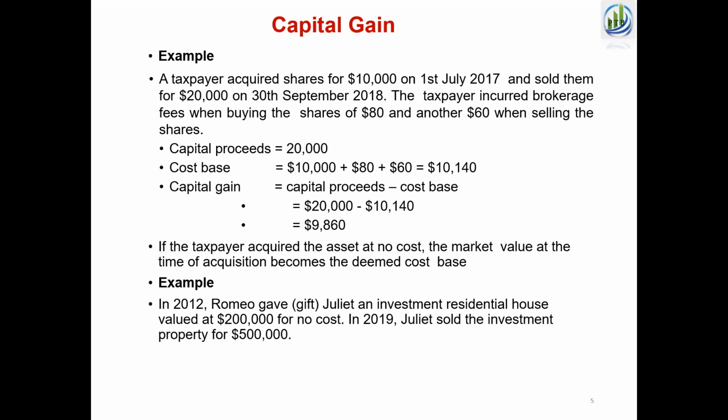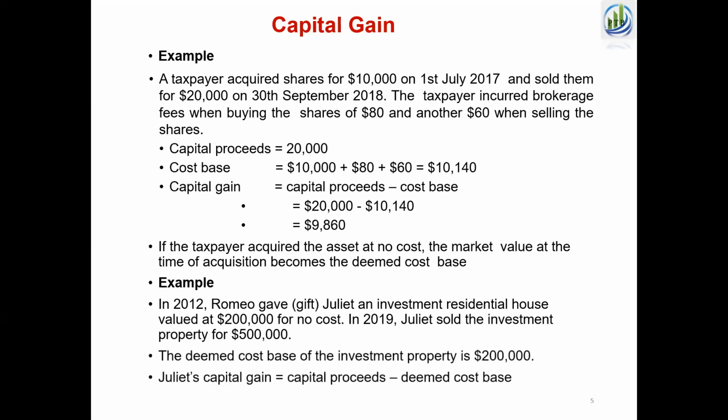So Juliet's capital gain will be 500,000 capital proceeds less 200,000 as her cost base, or deemed cost base. That's the terminology we use, because she did not pay anything, but the value she received was 200,000. That's the reason we use the name deemed cost base, right? So 500 minus 200, which is $300,000, should be included as a capital gain, not 500, right?